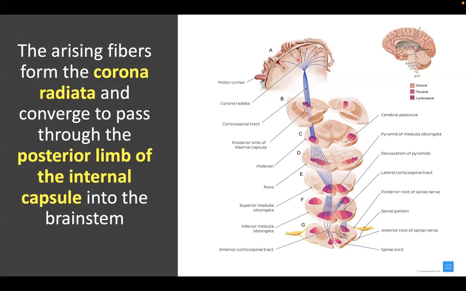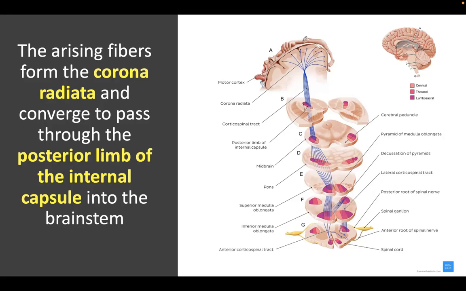So these arising fibers, do you see this? Okay. These arising fibers form the corona radiata. So it radiates. Look at these fibers. Hence the term corona radiata. So the arising fibers form the corona radiata.